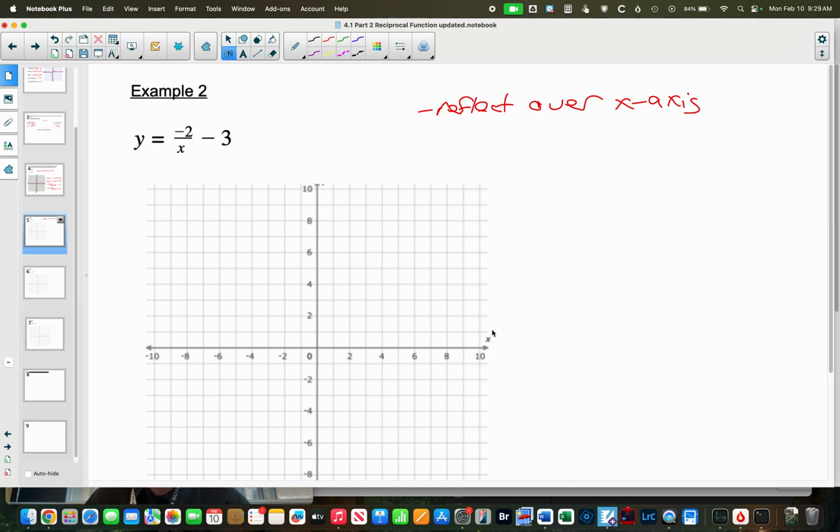So instead of going from the top and then down to the right, it's going to start at the bottom. So it's reflected. The 2, vertical stretch by 2. It's not moved left or right, but it is moved down 3.